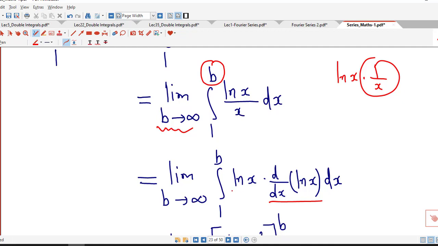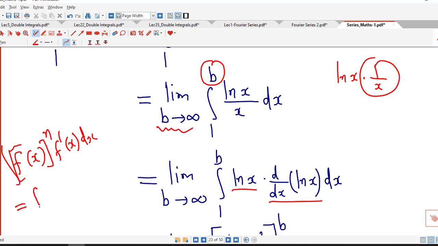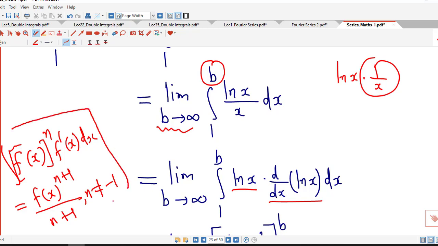So here we have this type of thing: f dash x, f(x) raised to n into derivative of f(x) dx. If we have this type of situation, then the integral has the value f(x) raised to n plus 1 over n plus 1, n is not equal to minus 1.